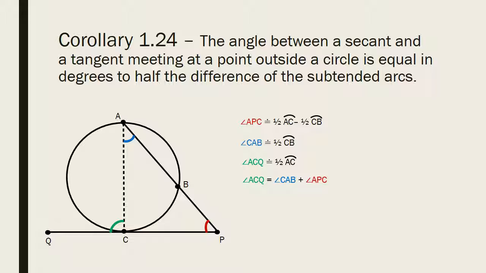And then rearranging, we can say angle ACQ minus angle CAB is equal to angle APC. Now we know that angle ACQ is equal in degrees to 1/2 of AC, and angle CAB is equal in degrees to 1/2 the arc CB. So we can just use some substitution, and then pulling out the 1/2 in front, we can say that angle APC is equal in degrees to 1/2 AC minus CB. And this concludes the corollary.